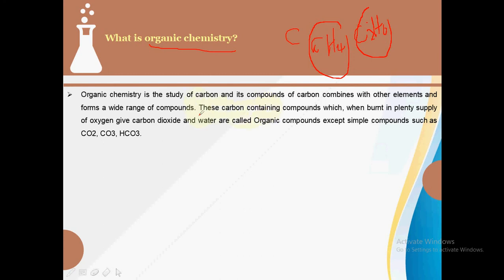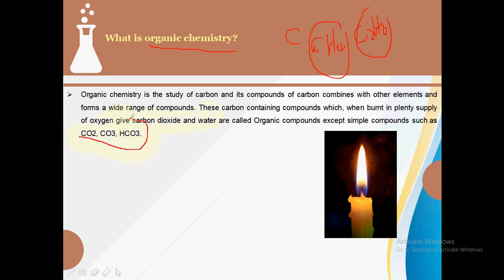Now we have compounds that do not qualify to be organic compounds, and these are some of the exceptions. So how do we qualify something to be organic? We are saying every organic compound, when it undergoes combustion, like this candle here, in a plentiful supply of air, in this case oxygen, should give us only carbon dioxide and water.